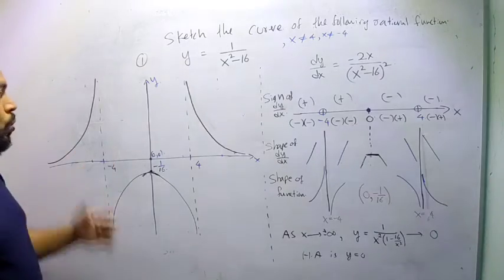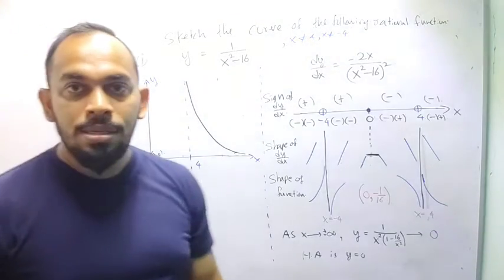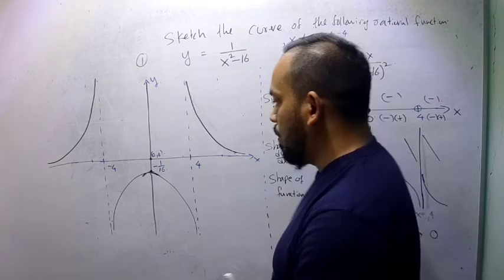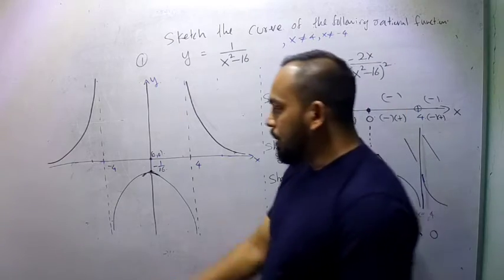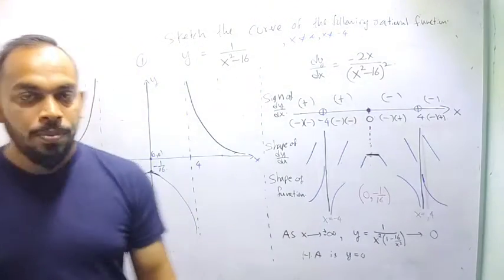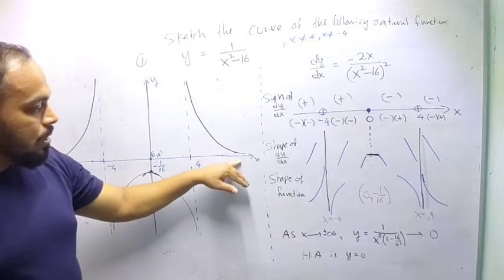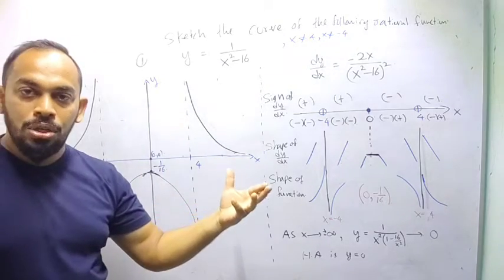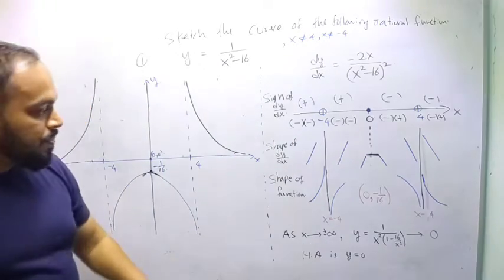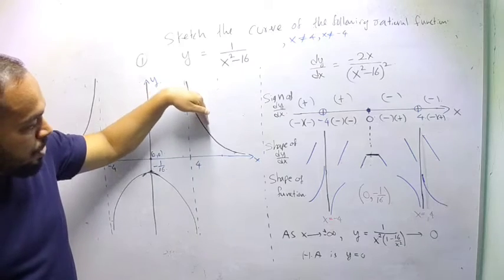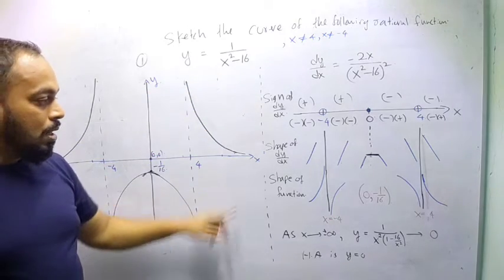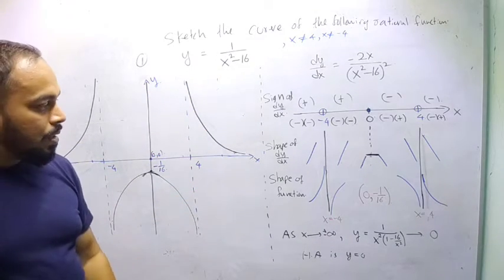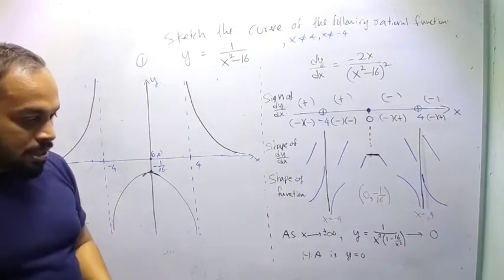So we will do more examples on this during the class, especially with the horizontal asymptotes. Horizontal asymptotes are there to show you the behavior of the function as x increases. So as x increases, the function should approach y equals 0. Why does it not cross here?